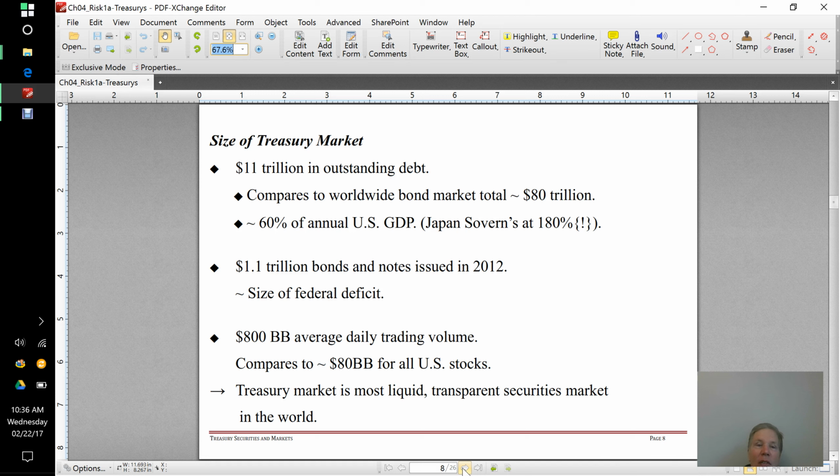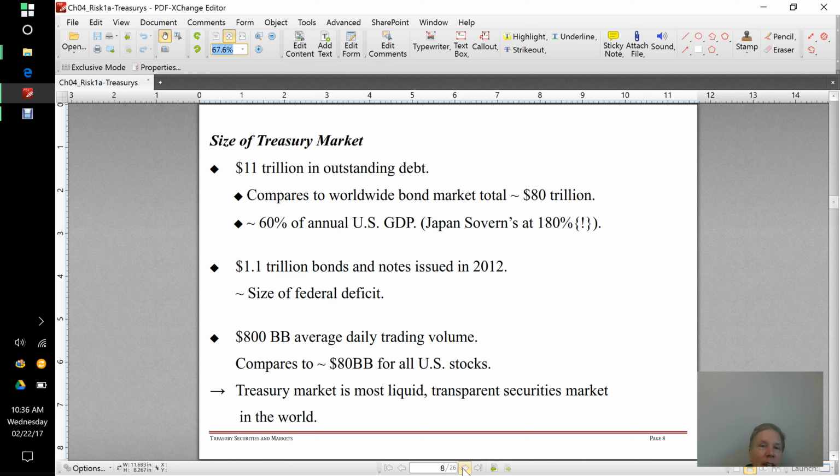Also worthy of note is that in 2012, the latest year for which we have data right now, with a good count, 1.1 trillion in bonds and notes were issued, and that should be just about the size of the federal deficit for that year, because again, these things are issued to make up the difference between what comes in taxes and what the federal government is committed to paying, and that's the deficit.